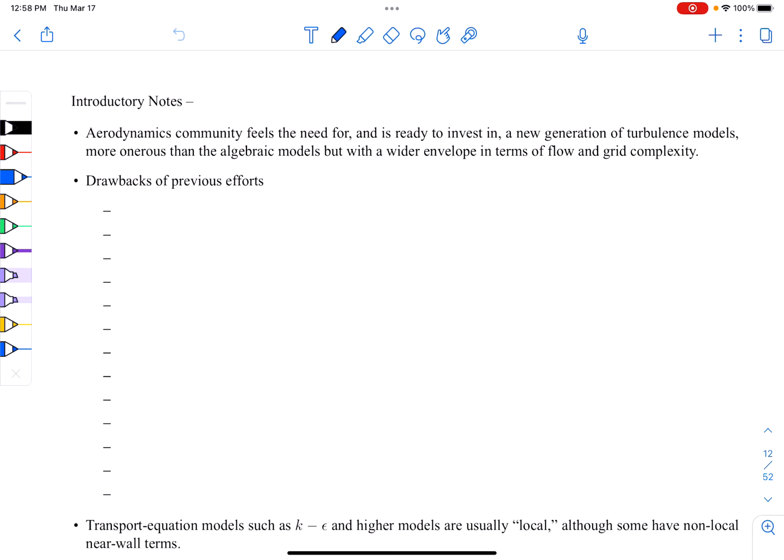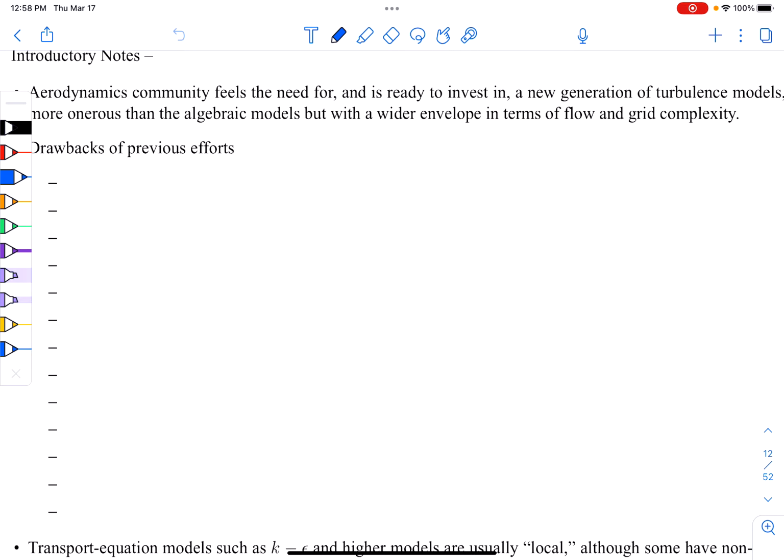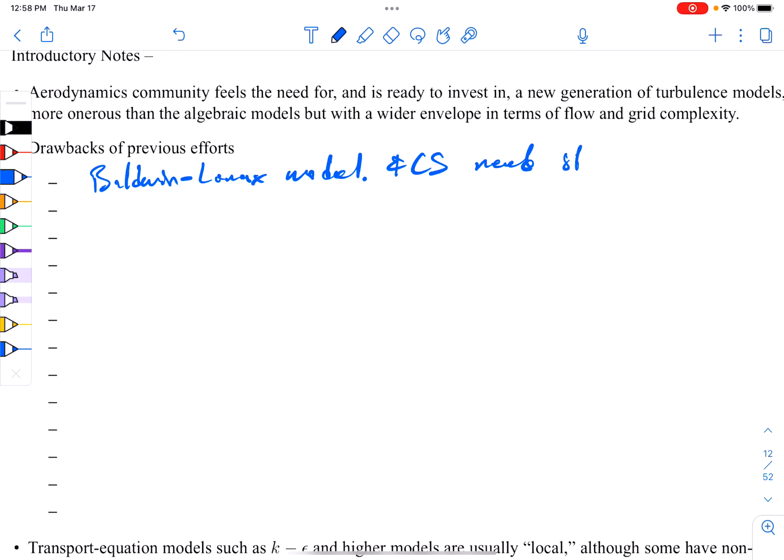So a few little tidbits: the Baldwin-Lomax model made Navier-Stokes calculations possible, but needed structured grids for ease of implementation.